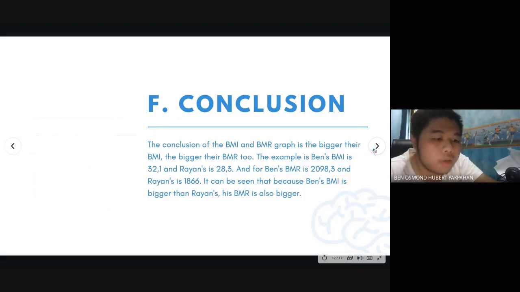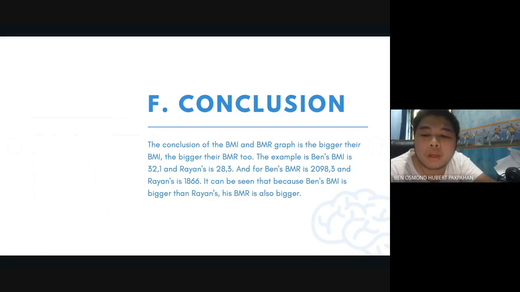For F, the instruction is to make a conclusion sentence that represents the information of the BMI and BMR graphic. Because it is only one sentence, our conclusion is that in the BMI and BMR graph, the bigger their BMI, the bigger their BMR too.